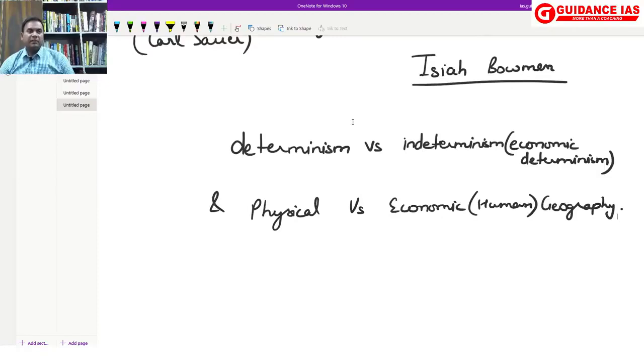Despite this silence, it is important to understand that geography is a human science.